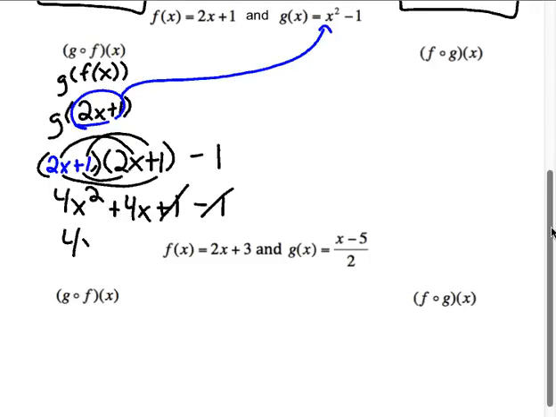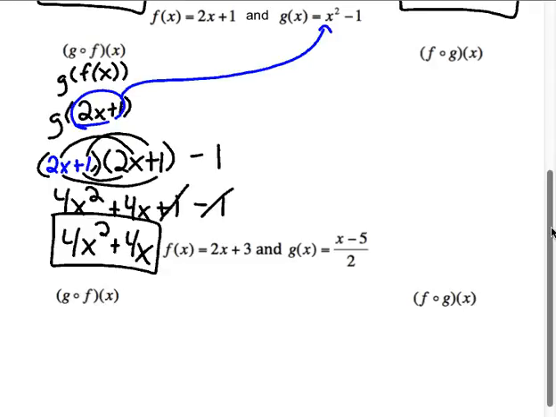Those ones cancel, and so all you're going to get is that. So again, always make sure you're doing whatever you need to simplify this thing out.